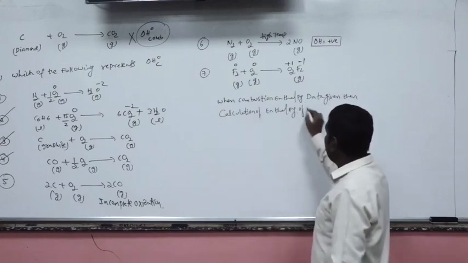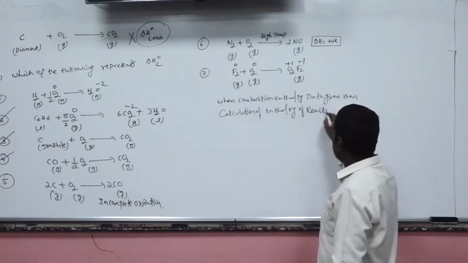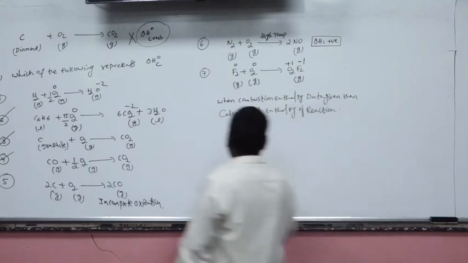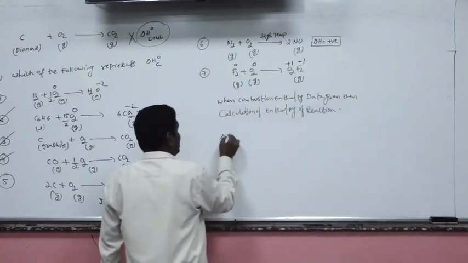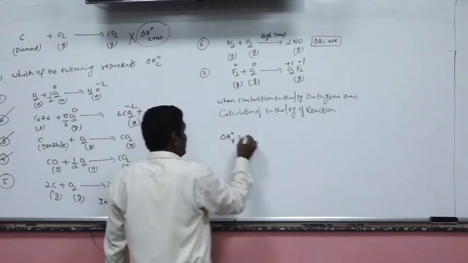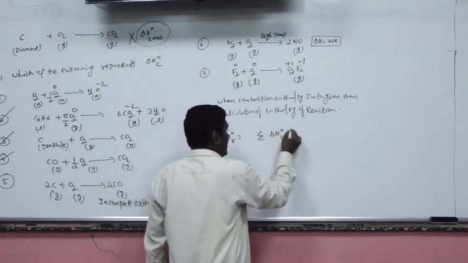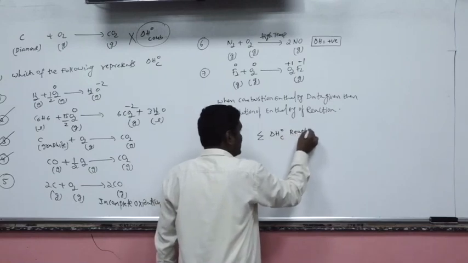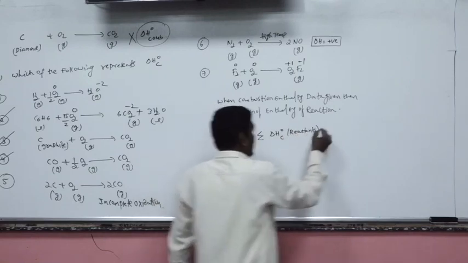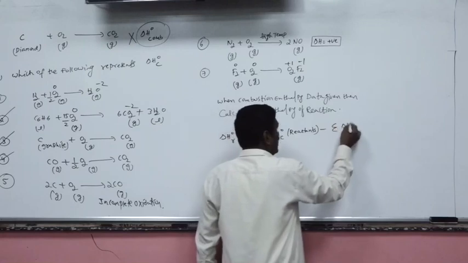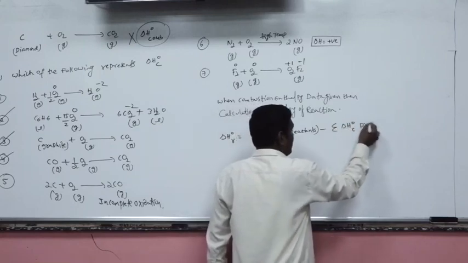I am taking the standard condition: standard enthalpy of a reaction is the algebraic sum of the standard enthalpy of combustion of the reactants minus the algebraic sum of the standard enthalpy of combustion of the products.